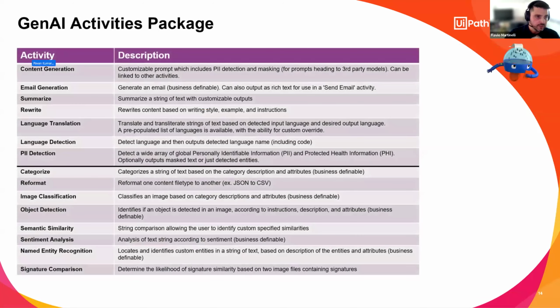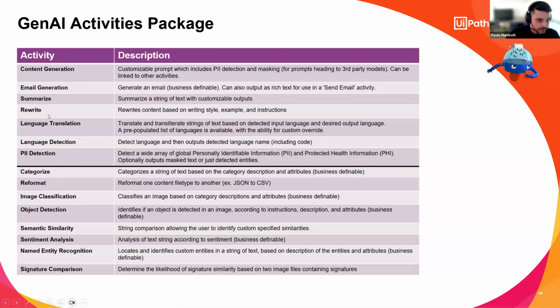At the moment, these are the activities that you can use in UiPath Studio. There are many. For example, content generation, in which you can give a prompt and ask UiPath to generate an answer based on one of the models that we will see. We can even exclude sensitive data through PII detection.